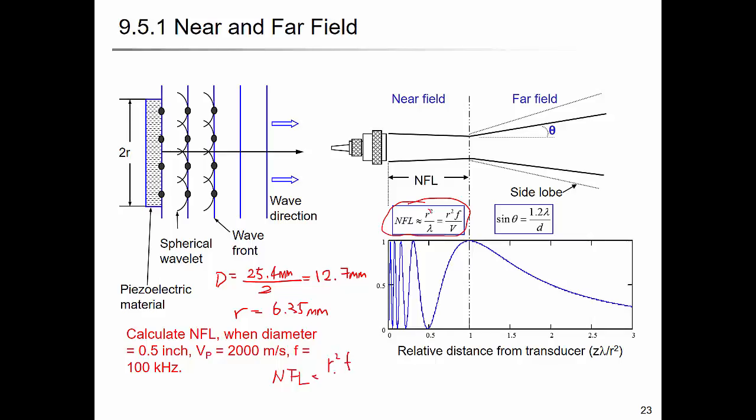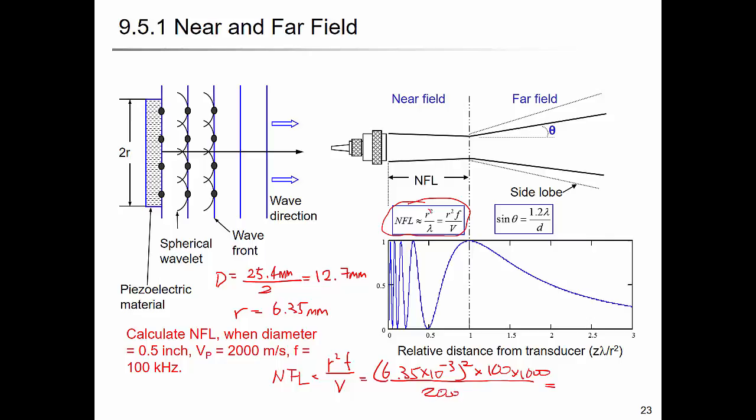So if you calculate the NFL, R square times F over V, 6.35 times 10 to the negative 3 squared times 100,000 over 2,000.